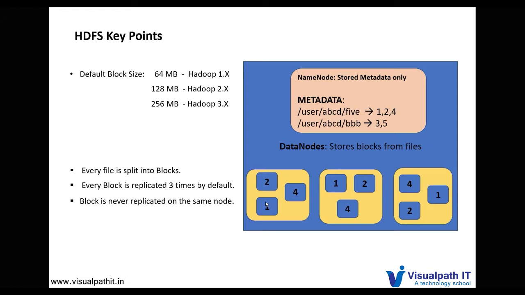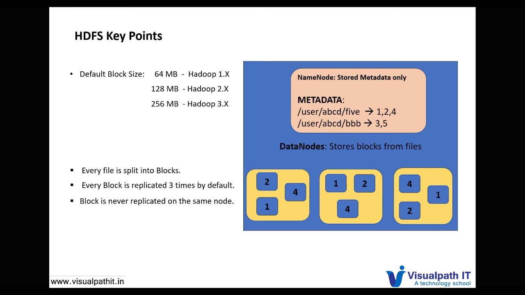For example, block 1 has a first, second and third copy, and block 2 has a first, second and third copy. Each and every block will be replicated 3 times into the available data nodes in the cluster.